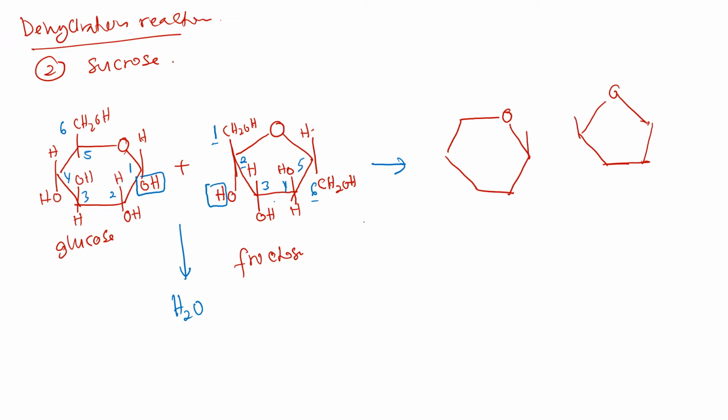Remember that at carbon number 2 of fructose, there is still oxygen, so you draw an oxygen atom in the middle here. Then let me number all the carbons: number 1, 2, 3, 4, 5, 6, and then 1, 2, 3, 4, 5, and 6.